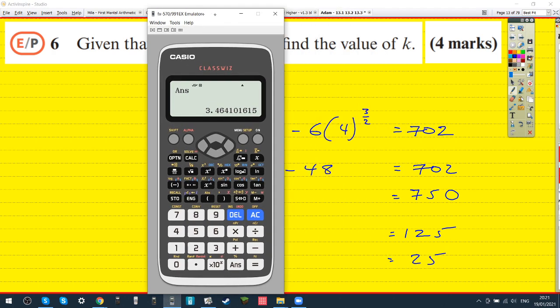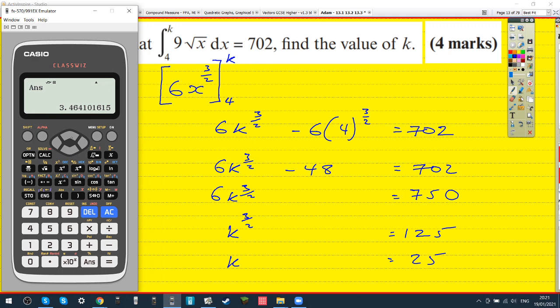Great. And I'll just show you this one, though I shouldn't. 9 root x. Press right. Between 4 and I can only use x, so I'm using x up in that thing there. Yeah. Press right again.